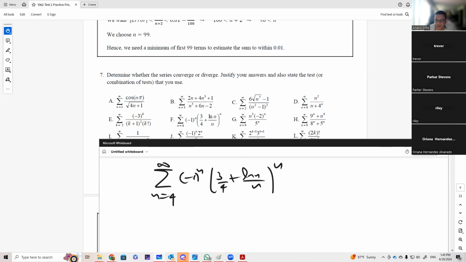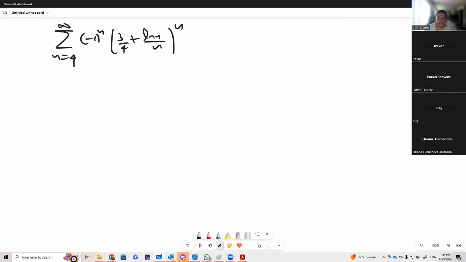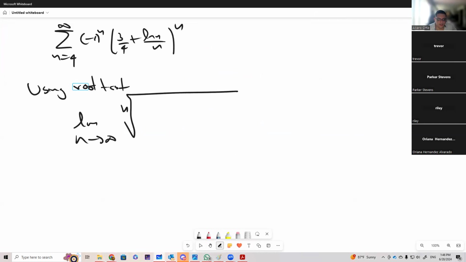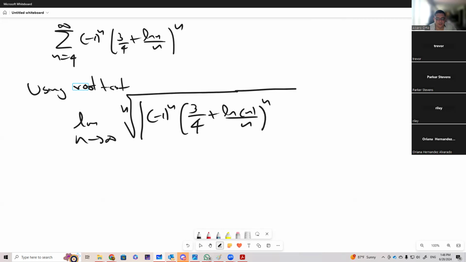So this one here, a_n, using the root test, I'll do the limit as n goes to infinity of the nth root of the absolute value of (-1)^n times (3/4 plus log of n over n) to the n.